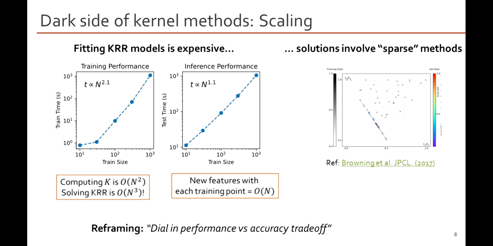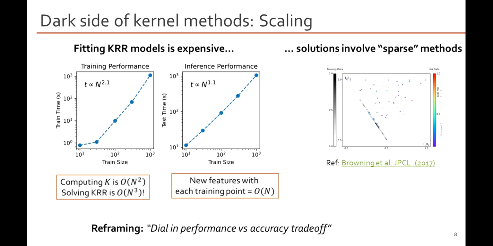So the ways of getting around this are often defined by, say, picking special points within your space of molecules, as shown in this paper by Browning and others, where if you pick only these special points rather than every single point in your training set, which are shown by the darker variations of gray in the background, you can have a machine learning model that performs just as well, but avoids these large scaling costs.